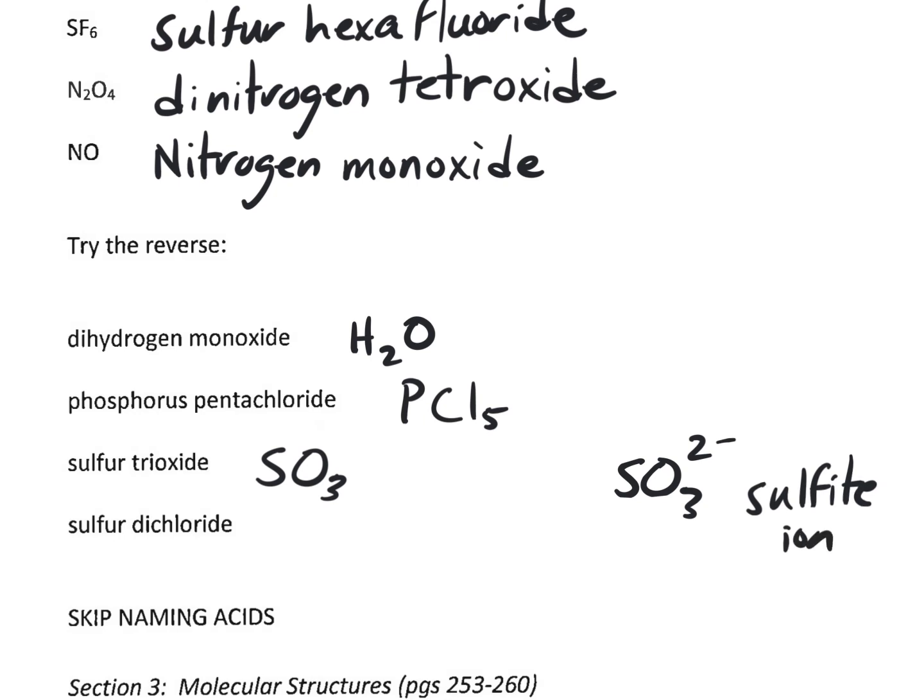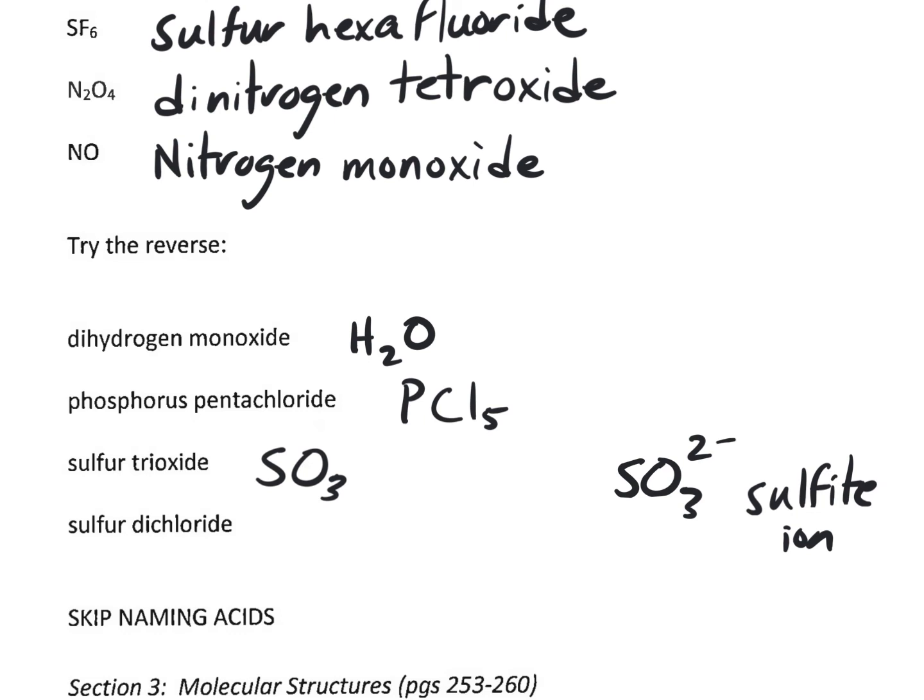You have to indicate the charge if it's an ion. This is sulfur trioxide, SO3. But if that SO3 has a 2 minus charge, that is a polyatomic ion, and that is called a sulfite ion. So I just wanted to point that out.